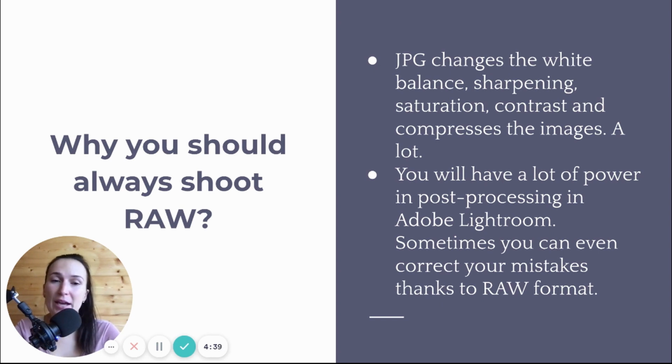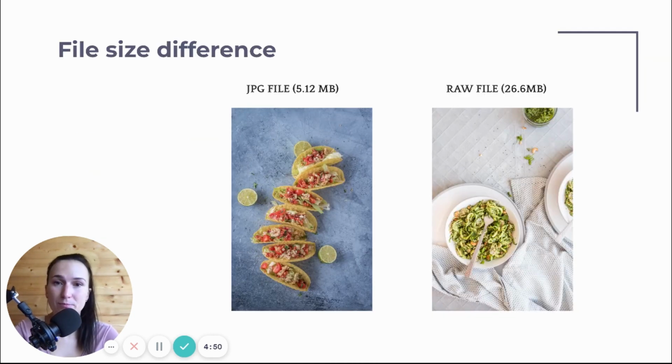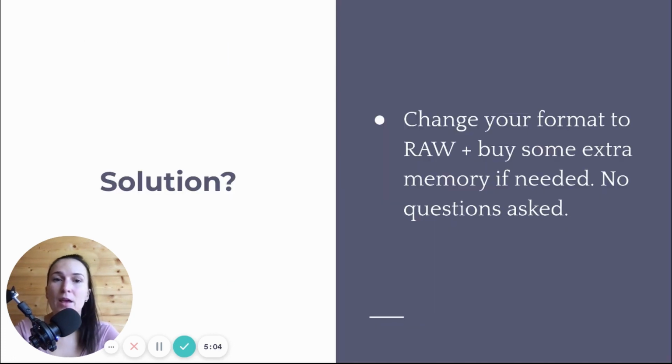Sometimes you can even correct your mistakes when you have the raw file, but with another file format, you might not be able to save the file. If you look at the file size, obviously raw files are way bigger, many times bigger. But still, the quality is what matters at the end of the day.